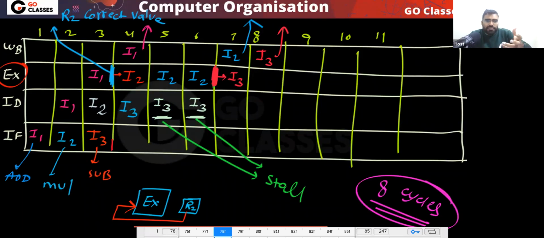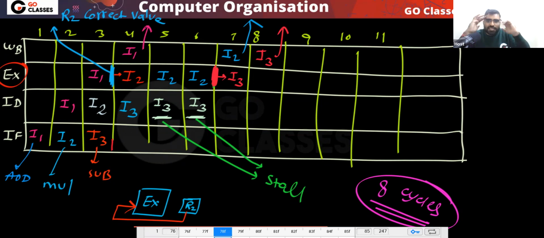From the execution stage you are passing to the execution stage. Did you notice that in this explanation everything is very crystal clear?